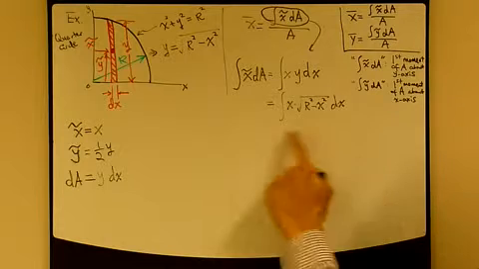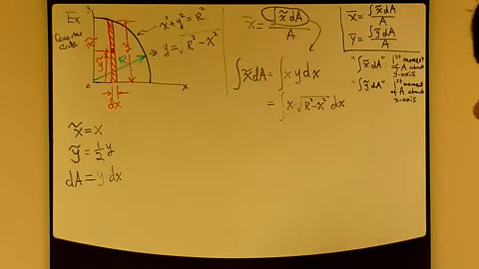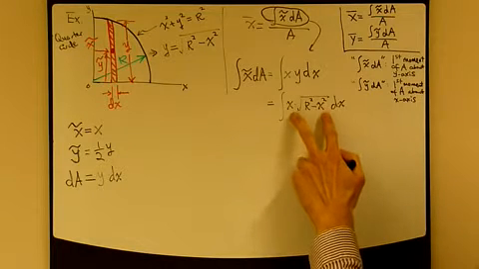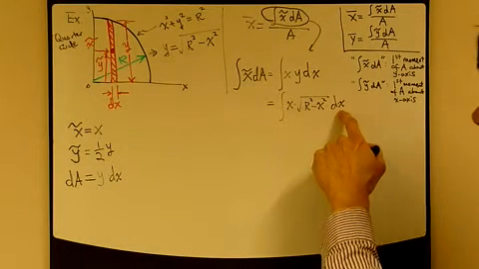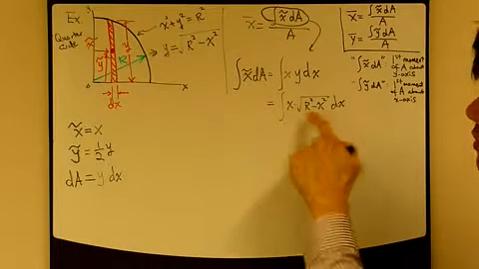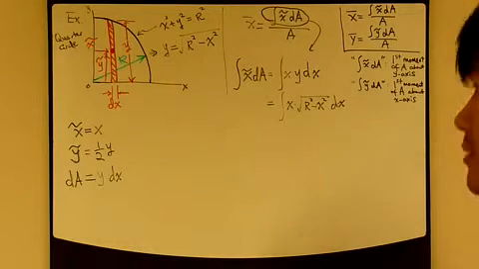Now, this form of integral you should be able to evaluate, because everything in here is x now, integrated with respect to dx. This might look a little complicated. However, if you remember from calculus, integration by parts.